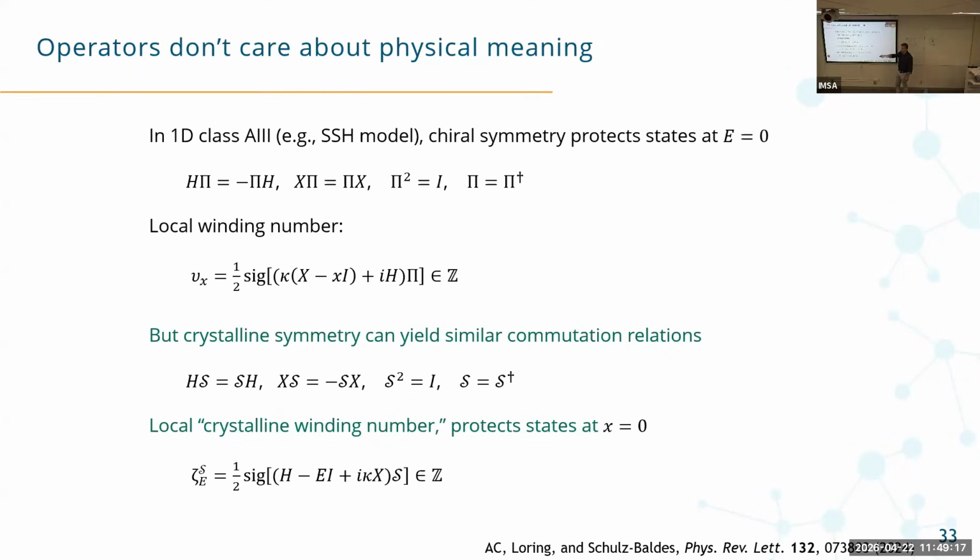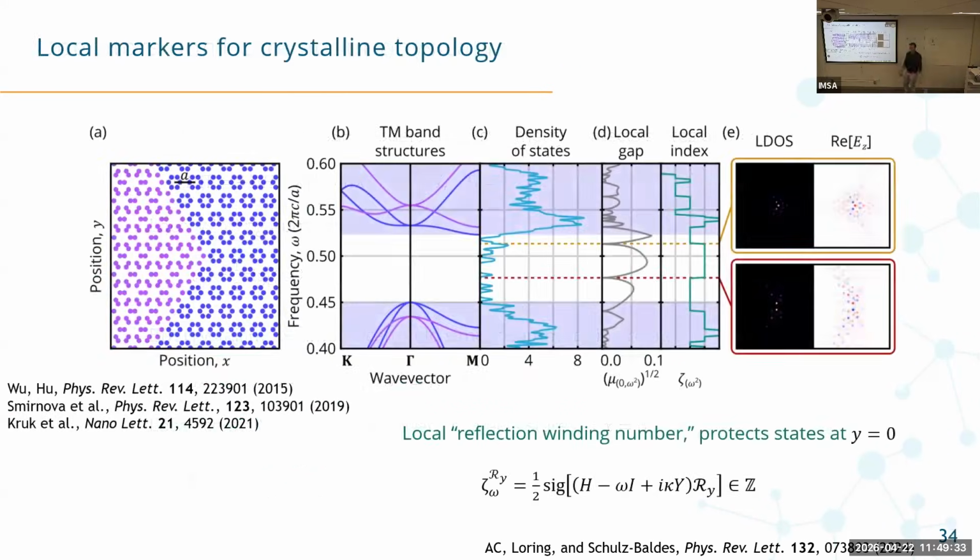Talk about a spatial symmetry that commutes with the Hamiltonian, anti-commutes with your position operator, has the same other parameters, and so you could talk about a crystalline winding number for a system that can be dimensionally reduced to 1. So you can do this even, say, for a 2-dimensional system. Here's a photonic crystal, done again with finite difference.